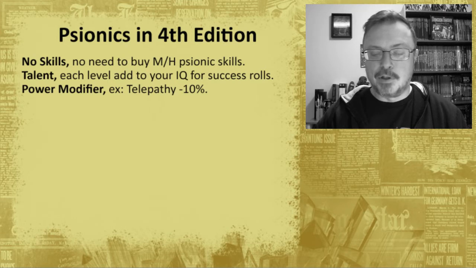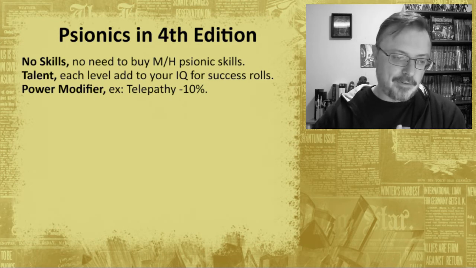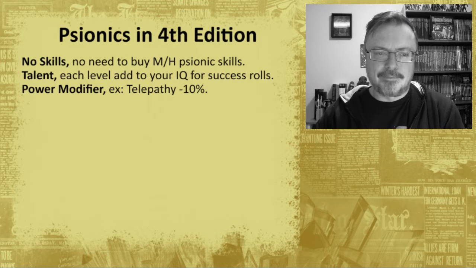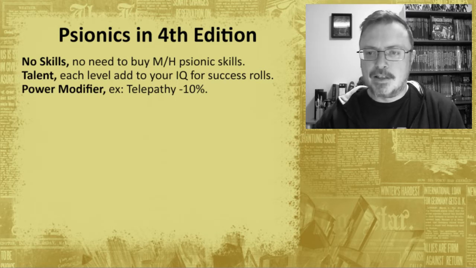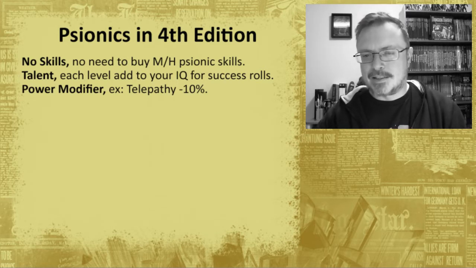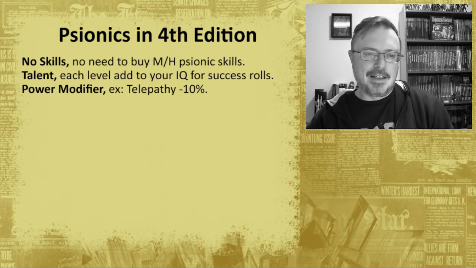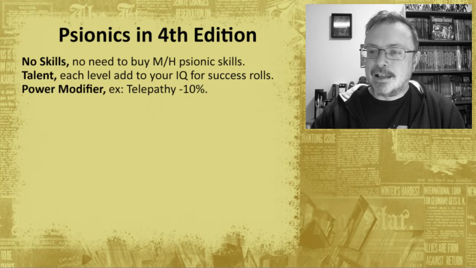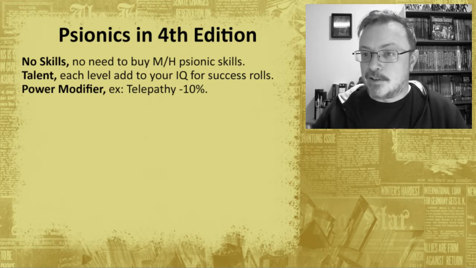So that's why you will see power modifiers such as telepathy minus 10%. And for some gamers, it doesn't mean anything by itself. If you buy a power and then declare it's telepathy minus 10%, where does that minus 10% come from?